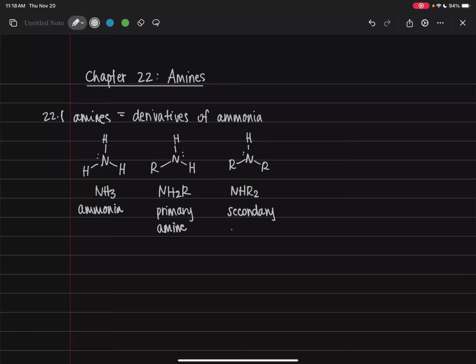That's a secondary amine. And then unsurprisingly, if we have three R groups, NR3 is a tertiary amine.